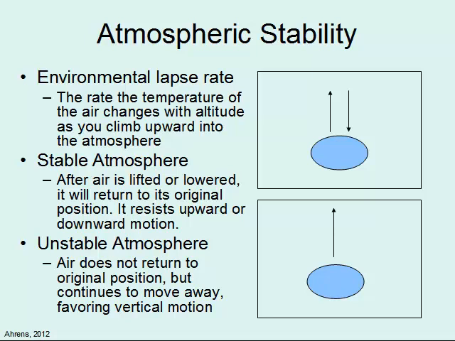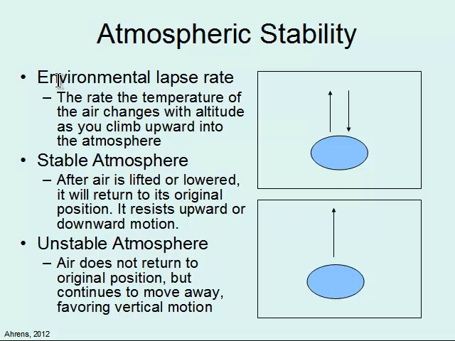So, for example, stable atmosphere, in this top box here, air is lifted or lowered from its original position, and it resists that upward or downward motion. Actually, it will return back to its original position. Unstable atmosphere, air does not return to its original position, but continues to move away, usually in vertical motion.